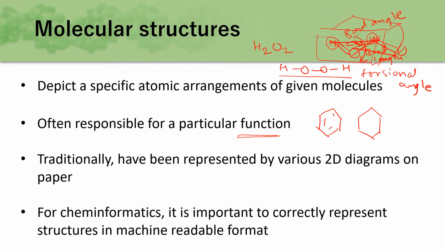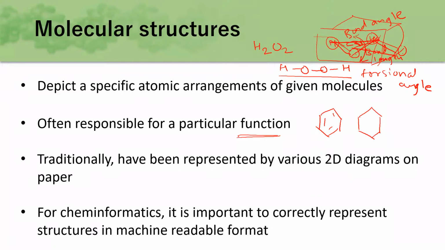Now, in reality, how does the 3D structure form? It's very simple. There is a very strong correlation between the arrangement of the atoms and the energy of the atoms, which causes this. That's why we need to learn about these structures very well before we use them in any application.